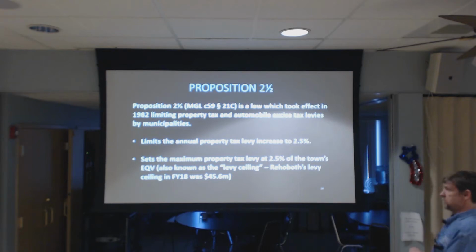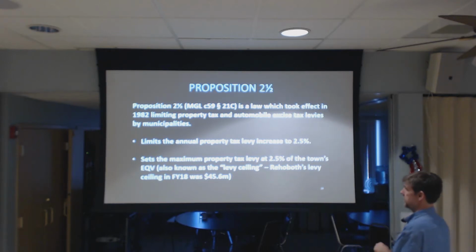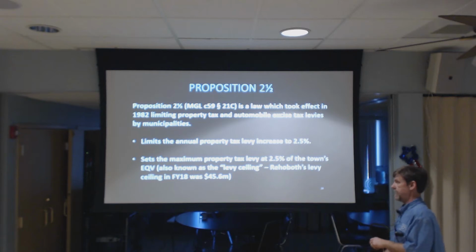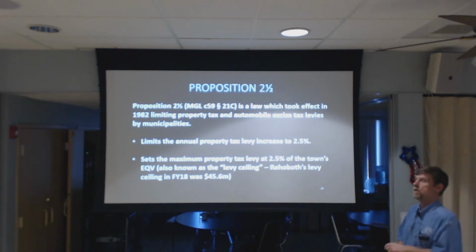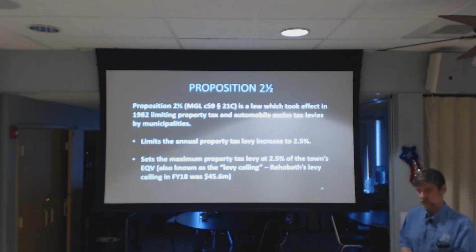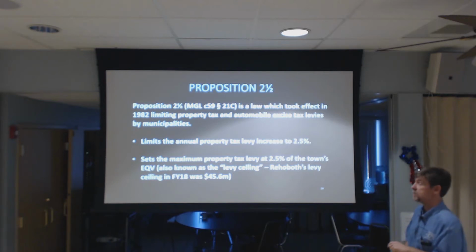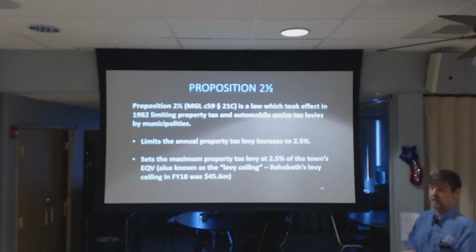It also sets the maximum property tax levy that the town can have at 2.5% of the EQV. That number, 2.5% of the EQV, is known as the levy ceiling. That's the maximum amount of money that you could be taxed for your property tax.